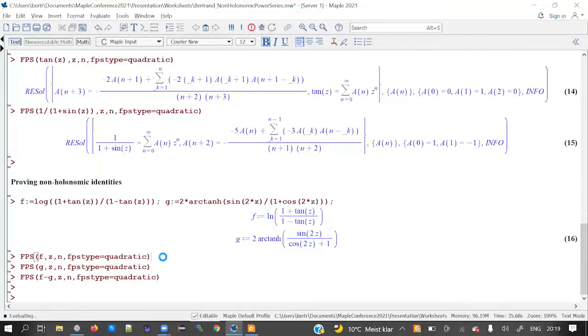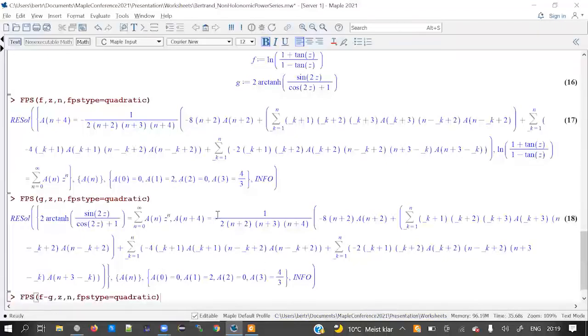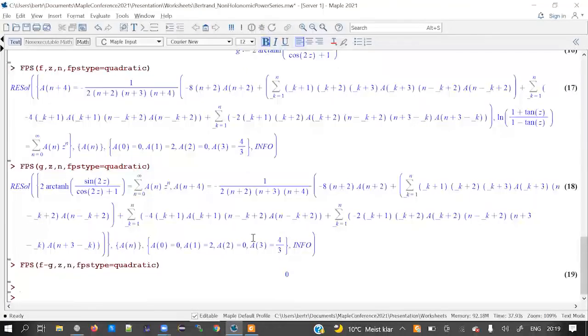Then the representation for f is the same as the representation for g, which shows that f and g are the same in this neighborhood of the power series computation around 0. You just have to substitute either f by g or g by f in the representation and see that the two representations coincide. Moreover, our algorithm can prove that the difference is 0, since all the necessary initial values are 0.